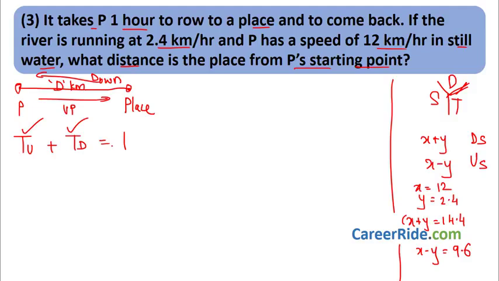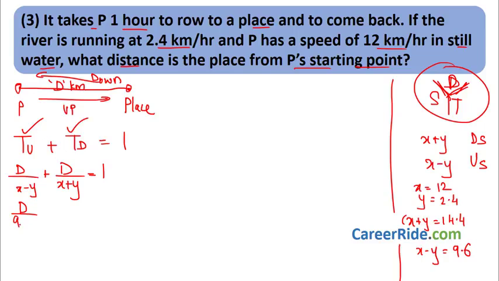Both the times summed are 1 hour. What is the formula for time? Time is nothing but distance upon speed. So distance is d kilometers upstream, speed for upstream is x minus y, plus distance downstream is d, speed for downstream is x plus y, that is equal to 1.